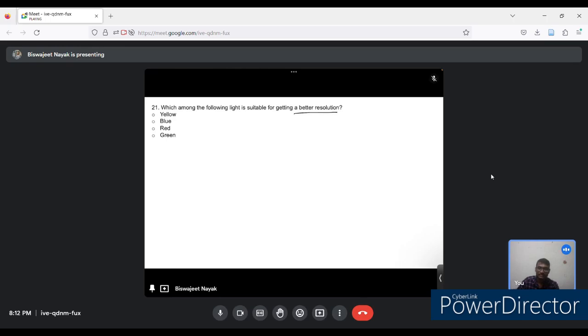Here blue is the answer, because blue has the least wavelength among these. The easiest way: we know the wavelength increases here, red has the highest wavelength, and blue the least of them all.